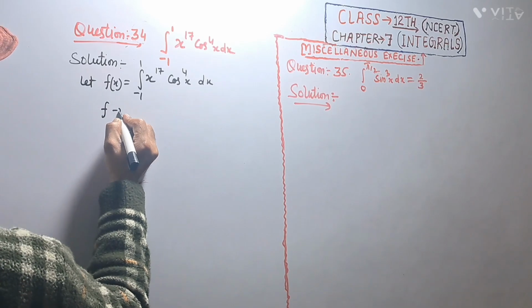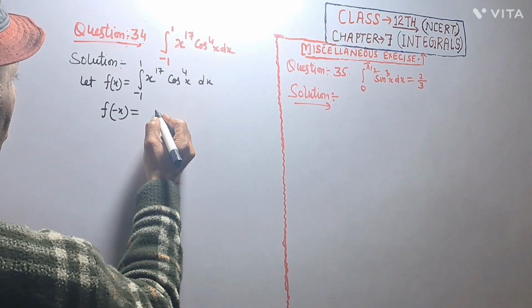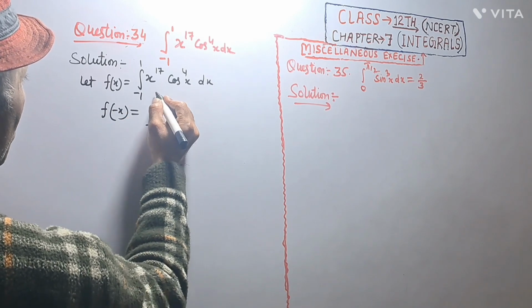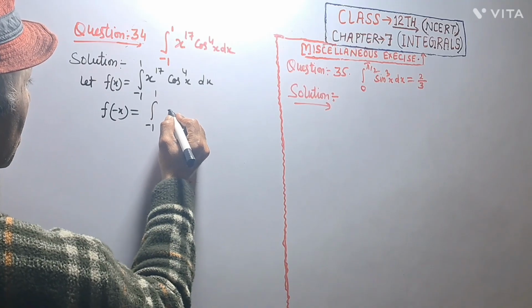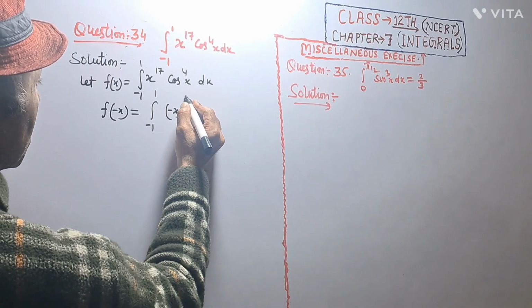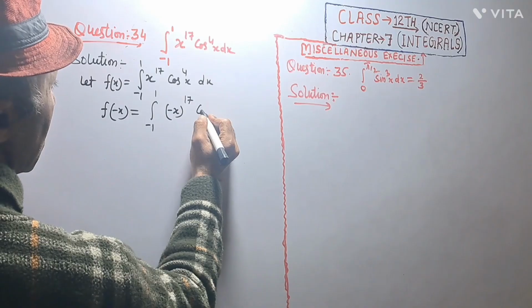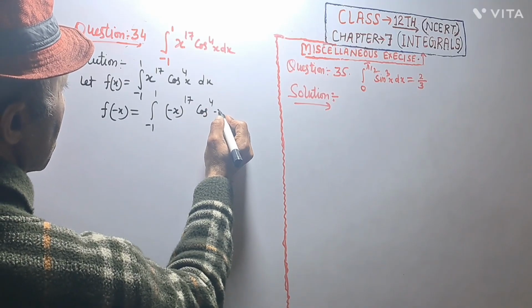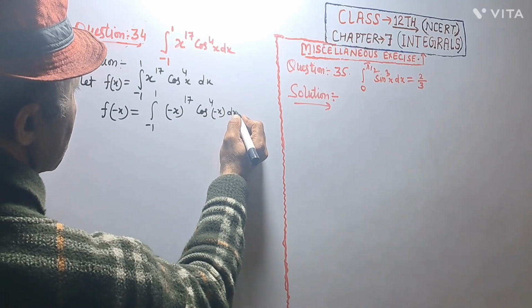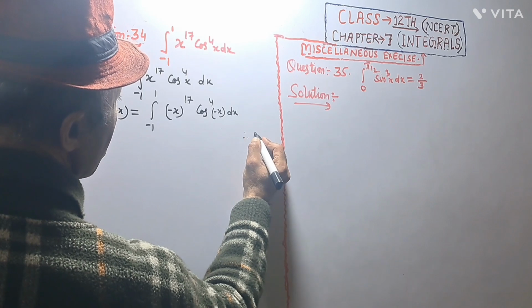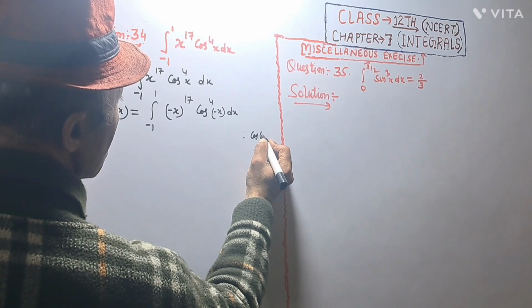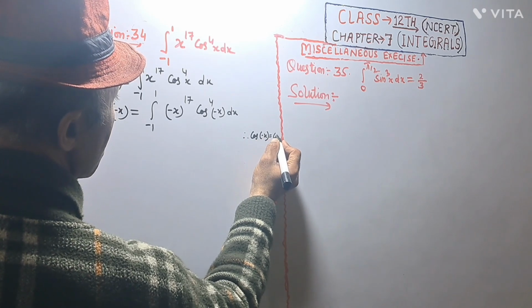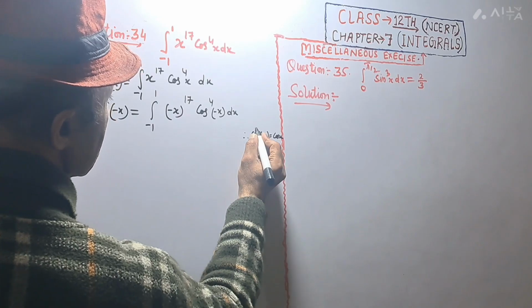Then f of minus x is equal to the integral from minus 1 to 1 of (minus x) raised to power 17 and cos 4(minus x) dx. We know that cos minus x is equal to cos x.